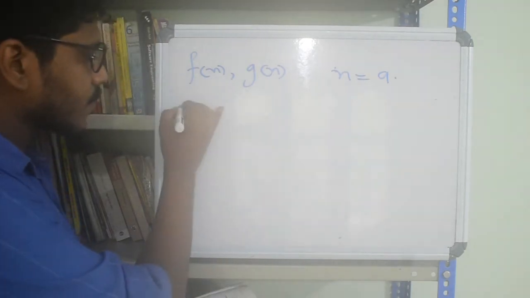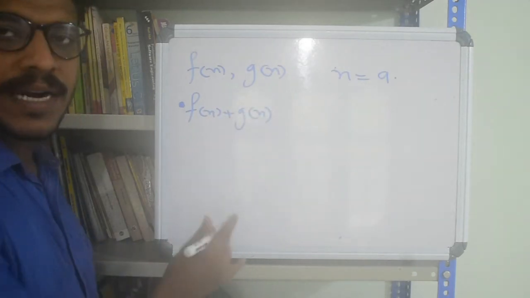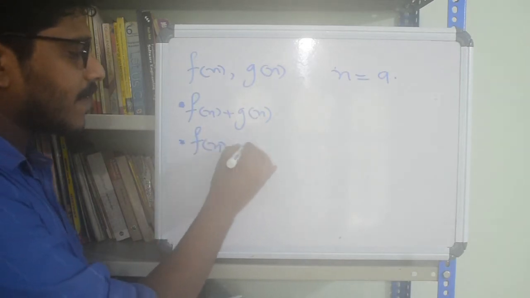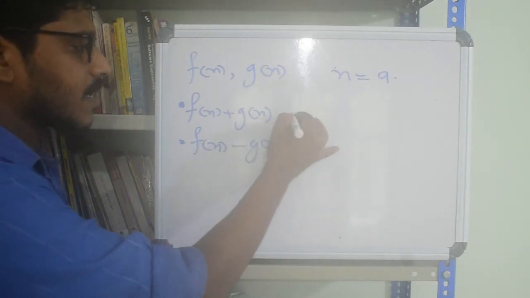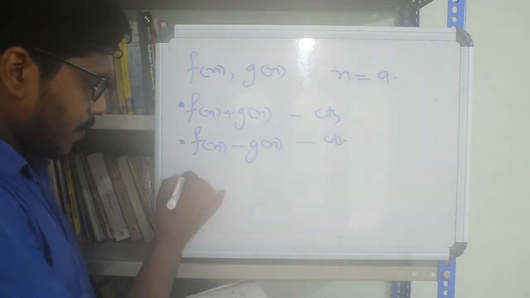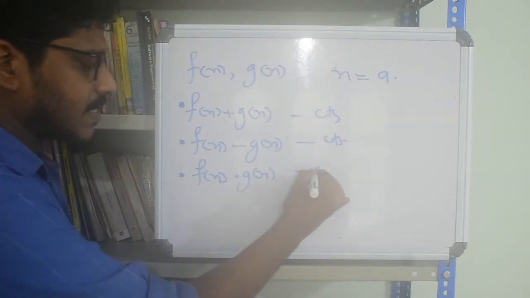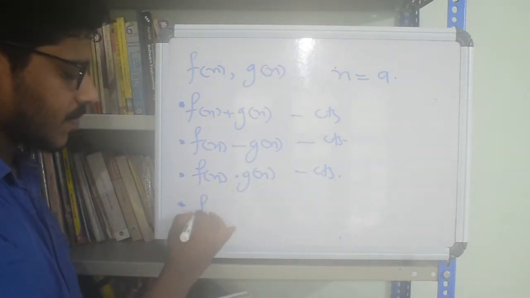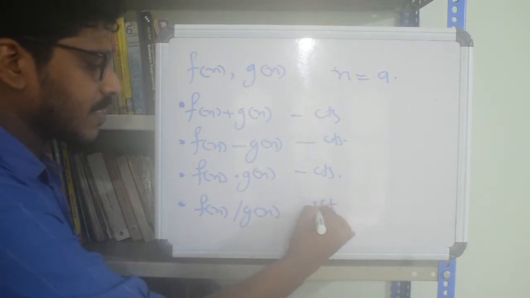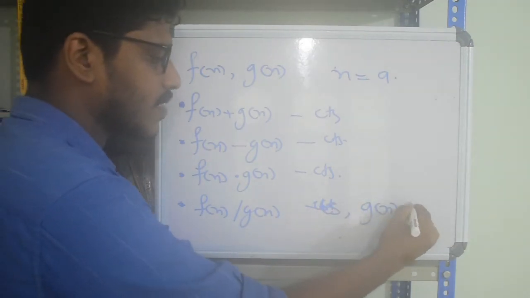Then f of x plus g of x is continuous. f of x minus g of x is continuous. f of x into g of x is continuous. f of x by g of x is continuous whenever g of x is non-zero.